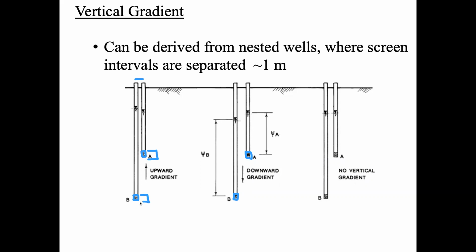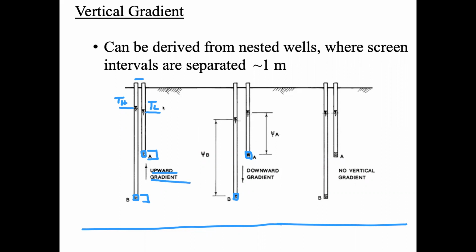Then we can begin to measure the water levels from some datum, and let's put a datum down here. We could say, okay, the water level in B is higher than the water level in A. That means our total head is higher here compared to the lower total head here, so water is going to move from the area of high head to low head. This is an upward gradient.